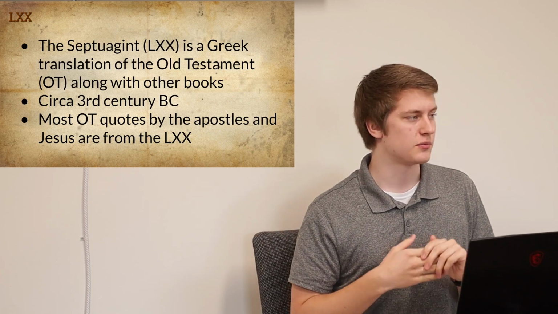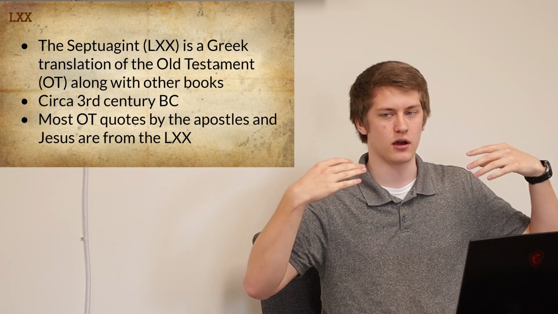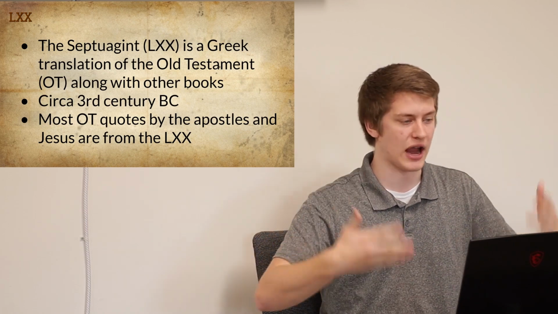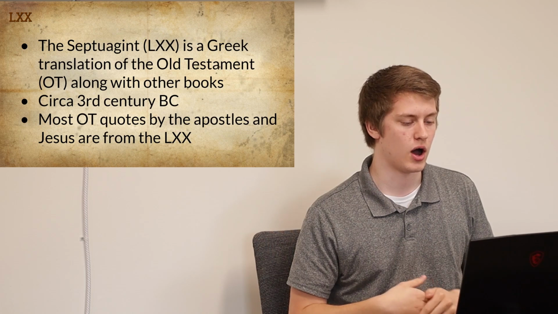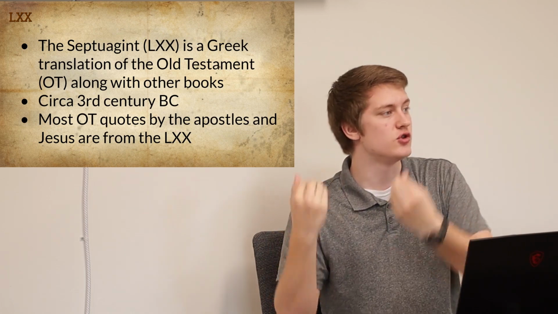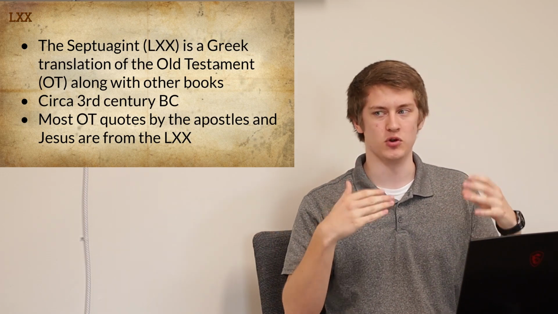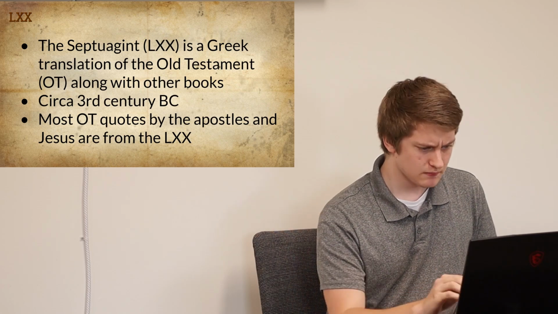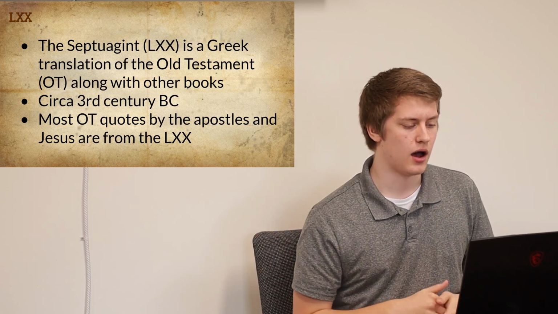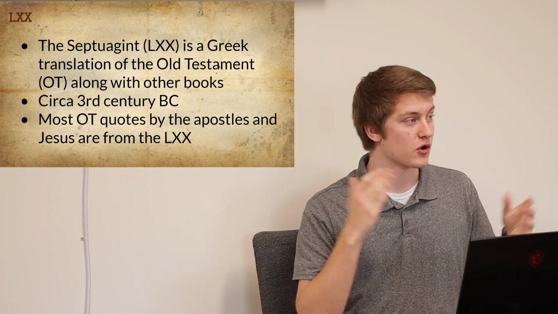It's called the Septuagint because it's attributed to 70 writers who worked on translating this work from the Old Testament, which was originally written in Hebrew, into Greek. LXX is the Roman numerals for 70. These translators did this around the 3rd century BC.